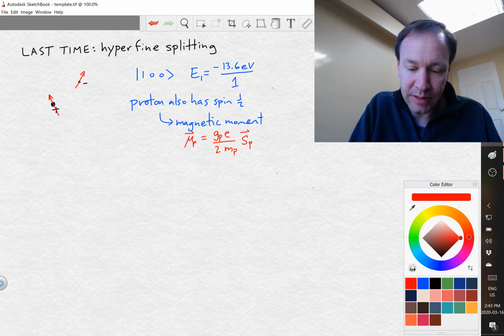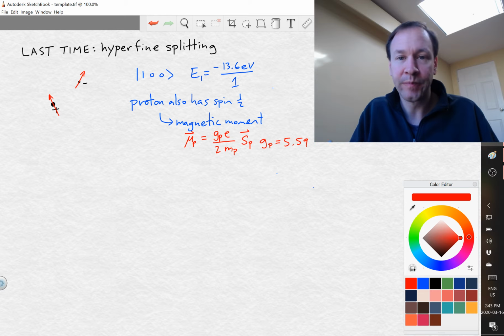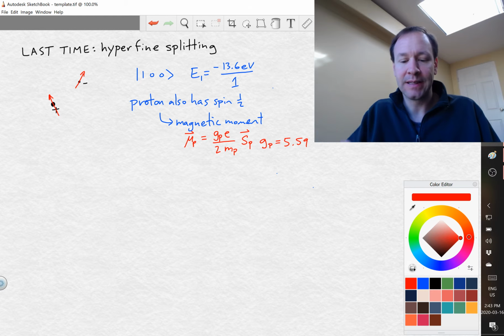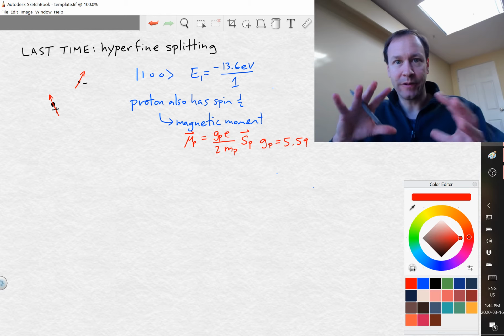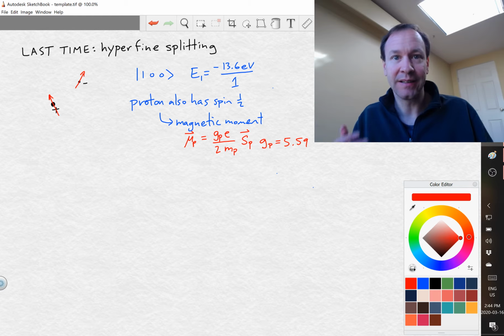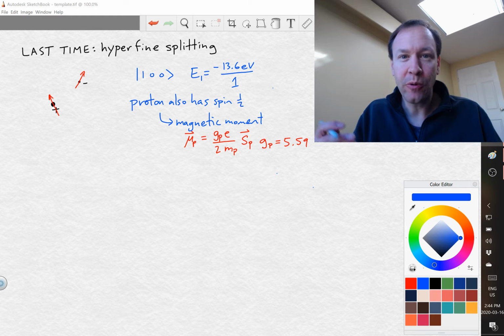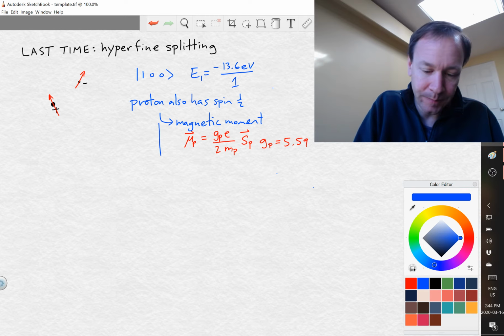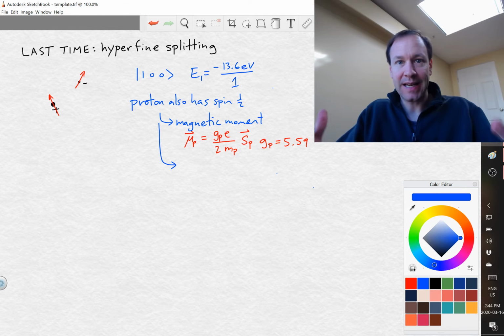In the case of the proton, it is equal to about 5.59. So that's just how this magnetic moment differs from the magnetic moment for a classical spinning charged object.